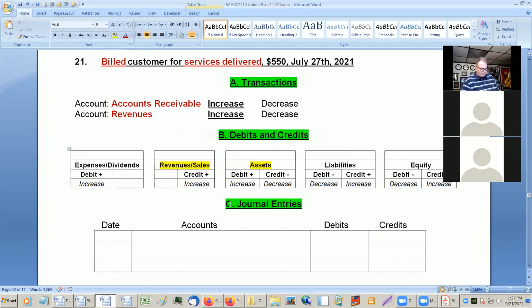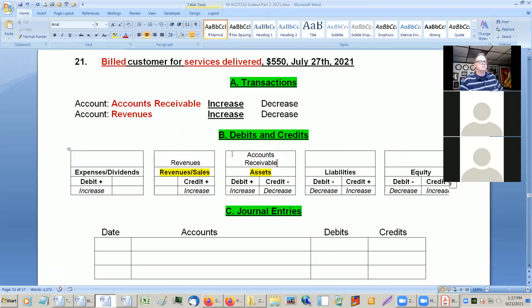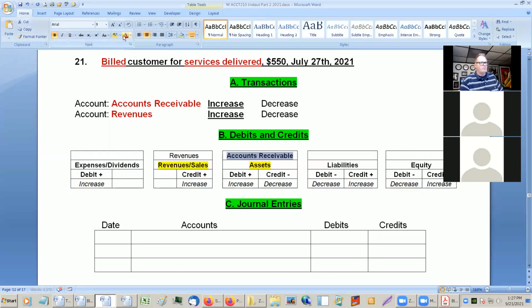Okay, so again, whenever you run into a revenue, you say yippee because you know that it's a credit.